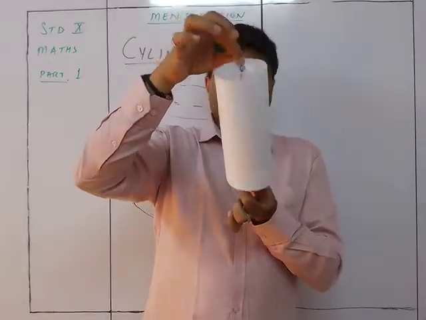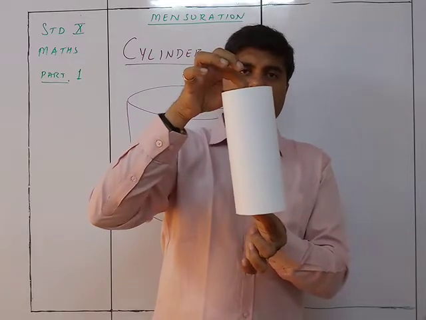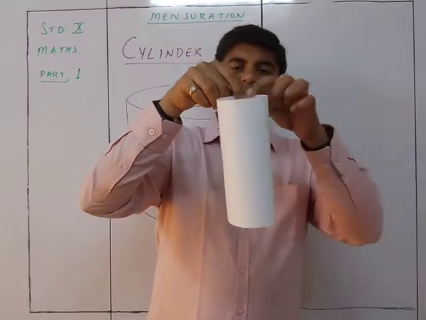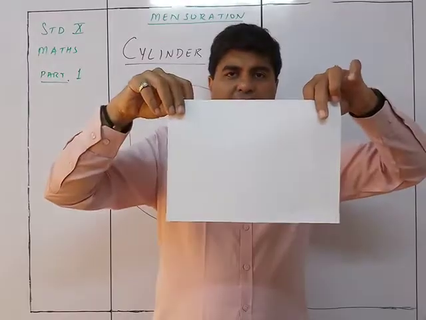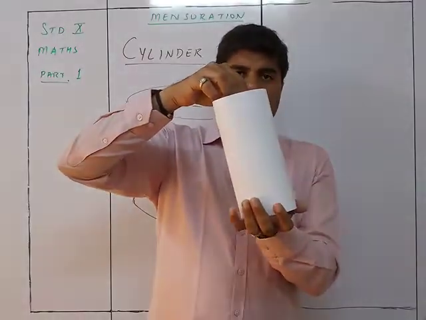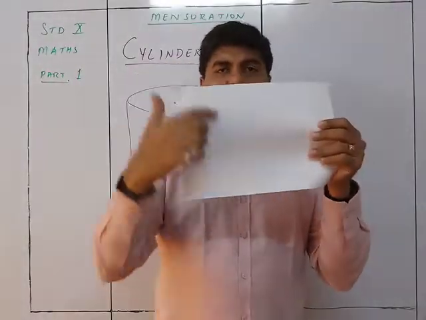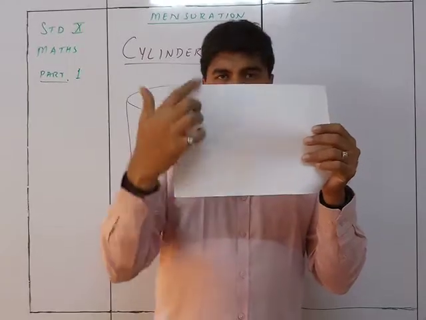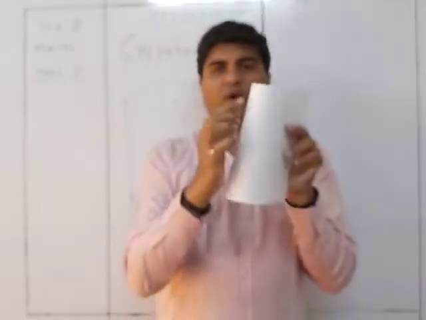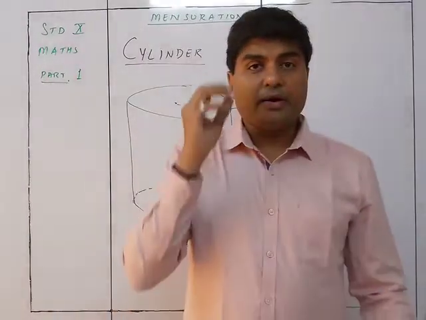What exactly has happened is that the length of the rectangle has become the circumference of the base, and the width of the rectangle has become the height of the cylinder. That is what is important to understand.